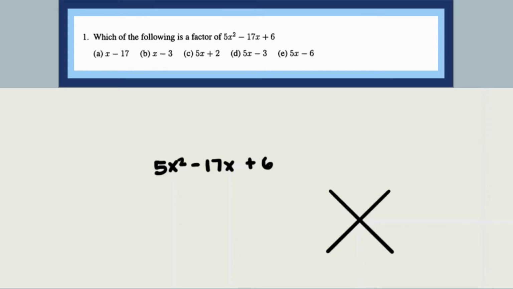So whenever our leading coefficient is something besides 1, we're going to multiply our 5, the leading coefficient, by the last term, which in this case is 6.